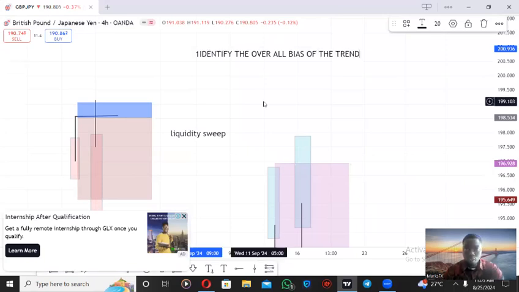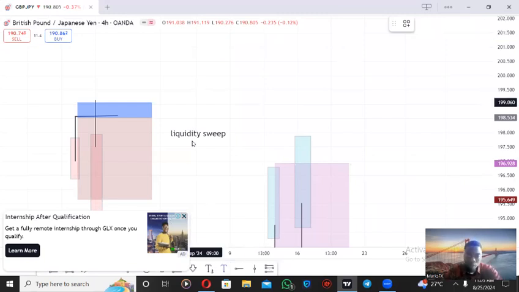Okay. Identify the overall bias of the trend. And secondly, you need to look for that sweep, that sweep of liquidity.